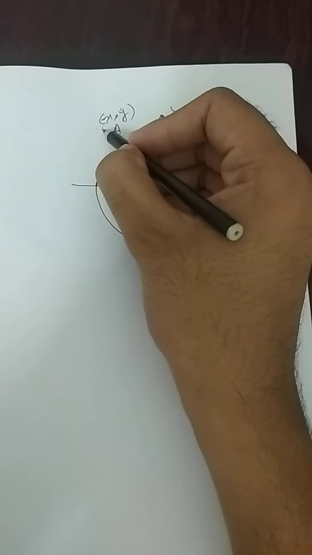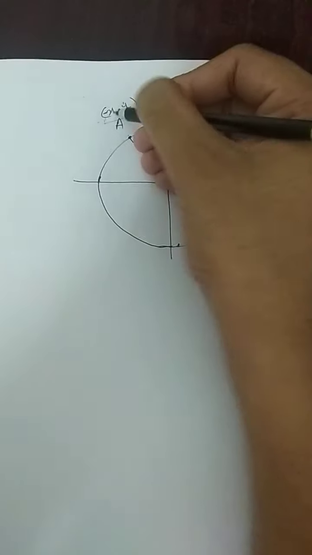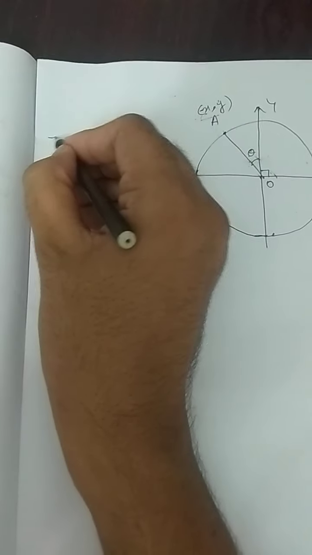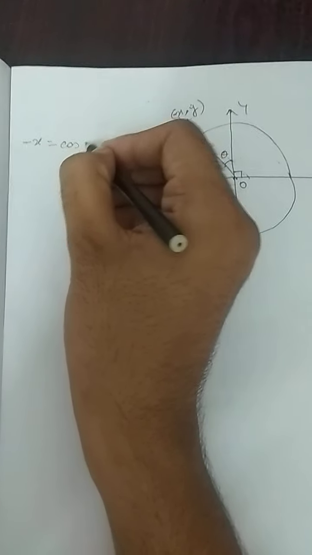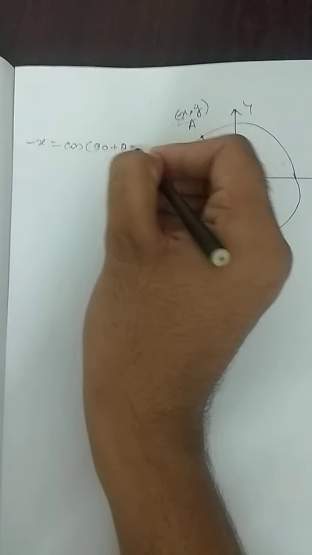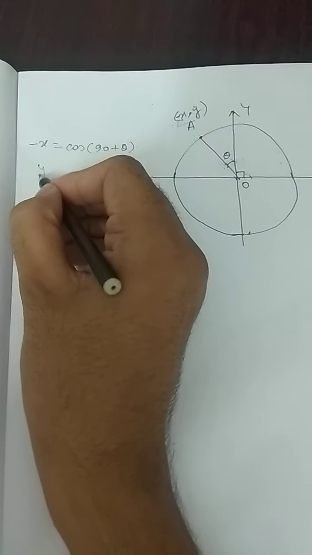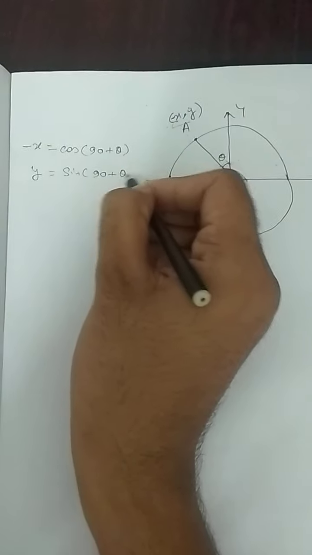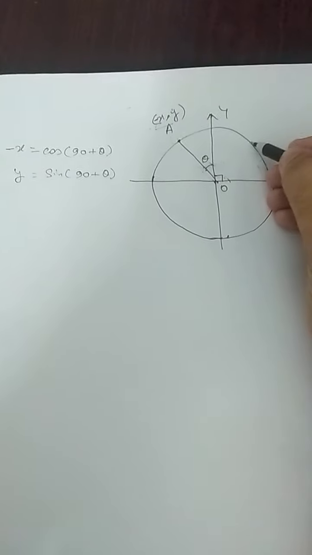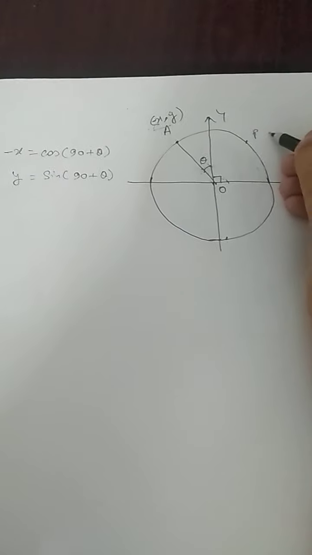So from the previous concept, we can also write this minus x as cos of 90 plus theta and y as sin of 90 plus theta.